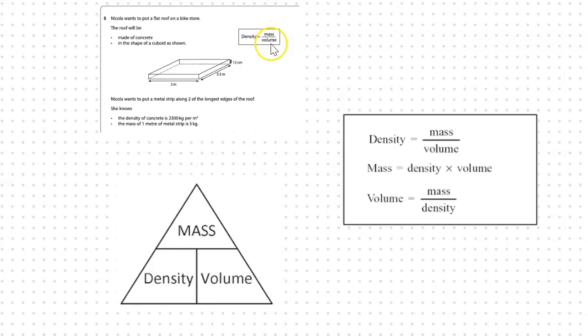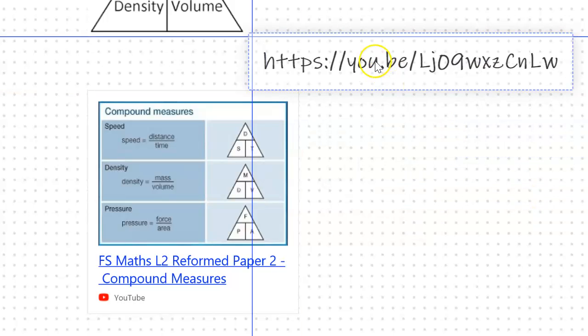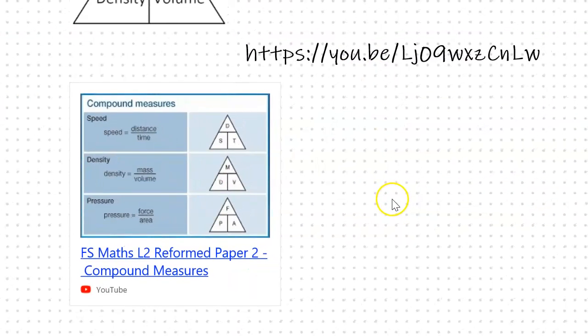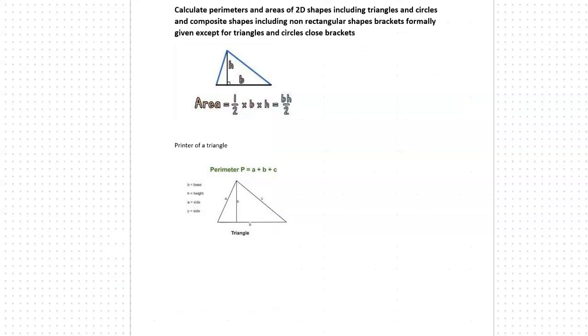So it gives you the formula, but being able to use a magic triangle, similarly when you do speed, distance and time, it may well be useful to know the magic triangle as well as the formula. Again, there is the question answer for that one with the URL.